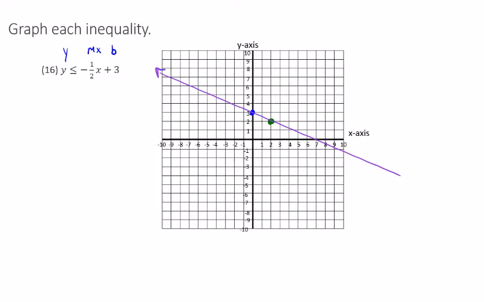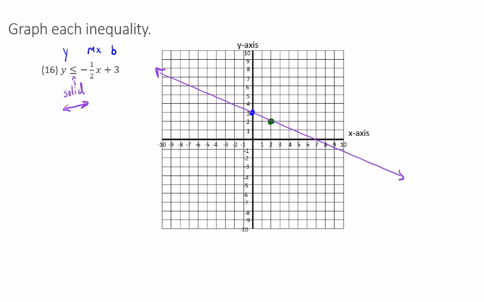And remember, and I should have mentioned this just slightly before I graphed the line, because it says "or equal to" here, we're going to have a solid line. Okay, and so now we can figure out, are we going to shade above or below?